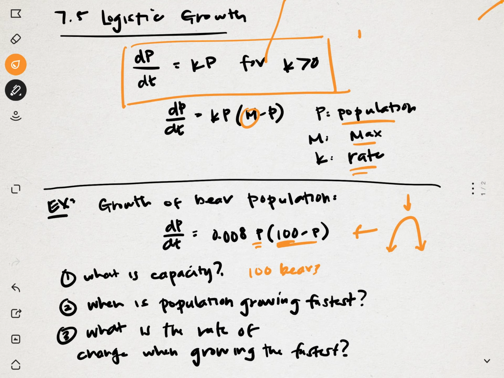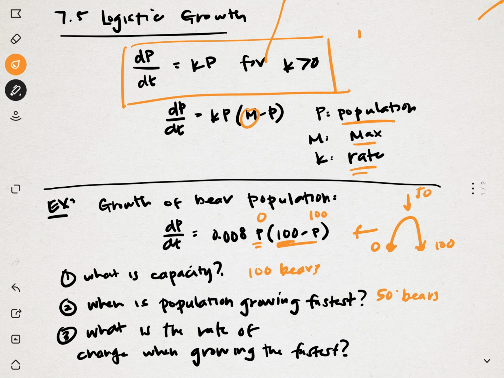If the population is 0, when P is 0, that's one end. And the other end would be where the whole thing is 0, when the population is 100. So we know the vertex is located halfway between 0 and 100, and that would be at 50. So when it's growing fastest, it's always half of the maximum population.